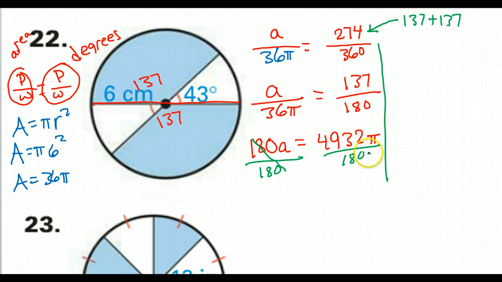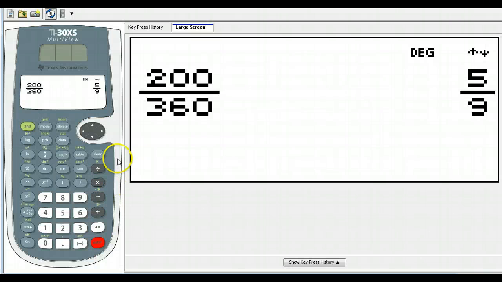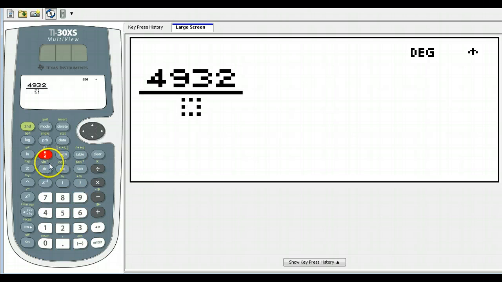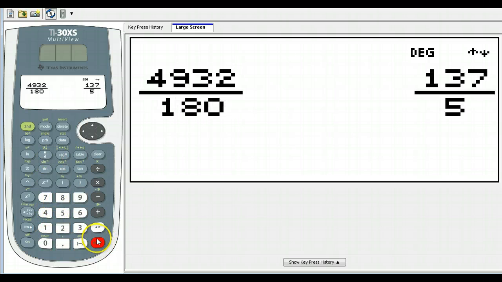First let's see if we can reduce this fraction. See if the calculator will help us. So if we do 4,932 over 180, see what we get. So that's 137 over 5.